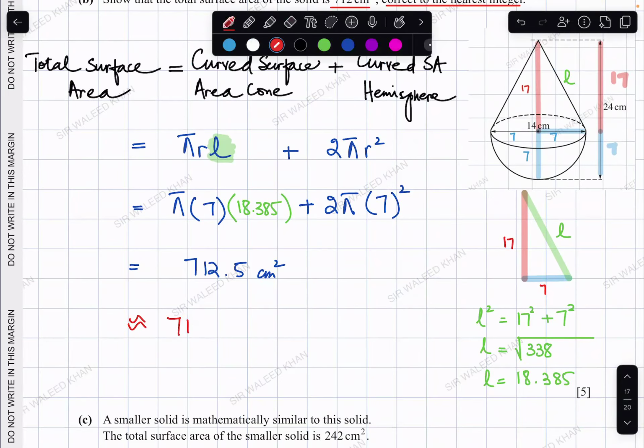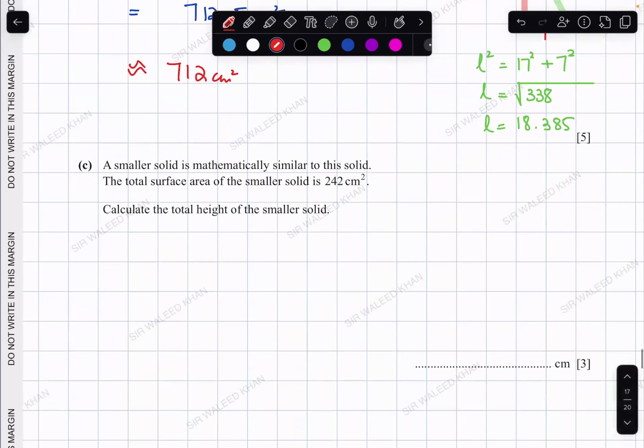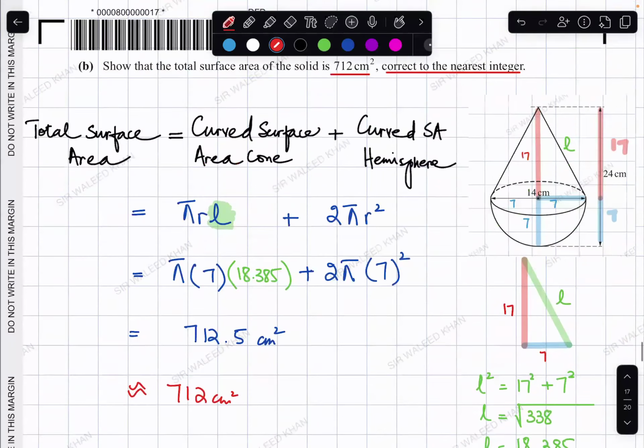Okay. Next, a smaller solid is mathematically similar to this solid. The total surface area of the smaller solid is this much. Calculate the total height of the smaller solid. So a smaller solid is mathematically similar to this solid over here.